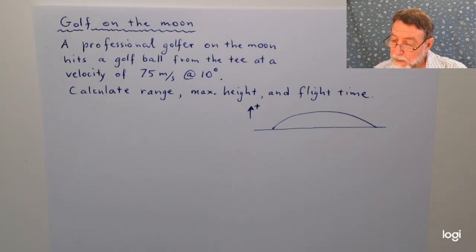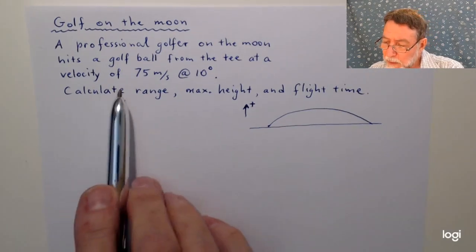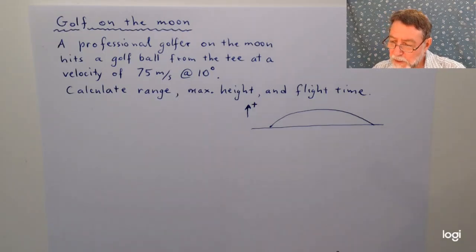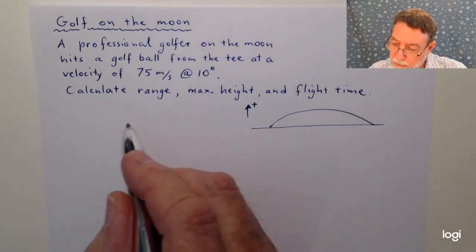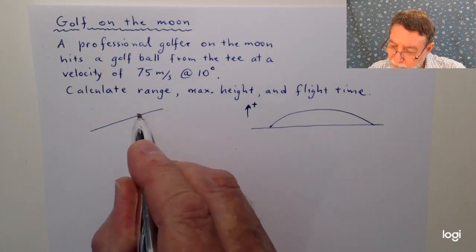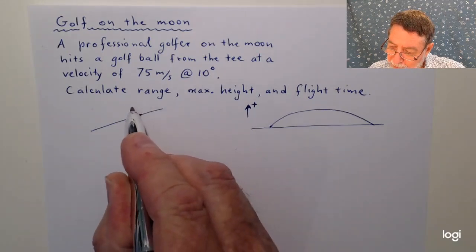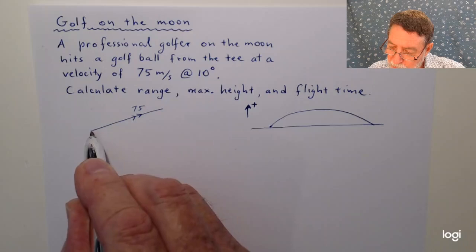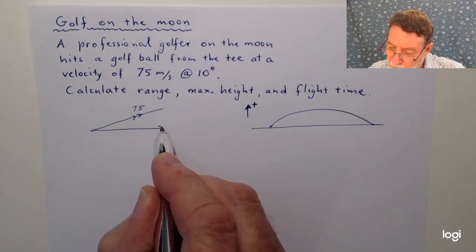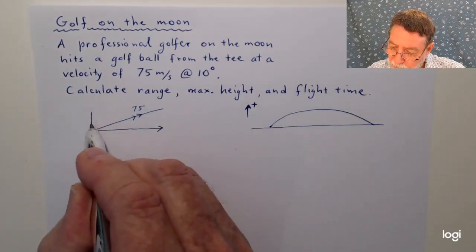The second thing you need to do is to take that initial velocity vector and turn it into components. So 75 at 10 degrees, and we're going to get the horizontal component and the vertical component.